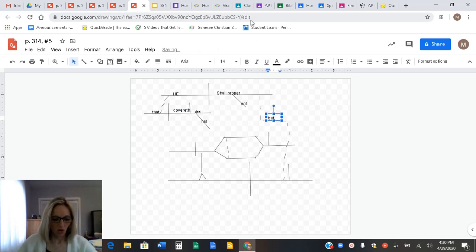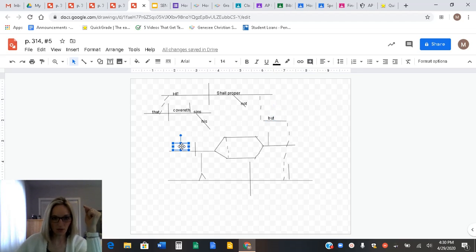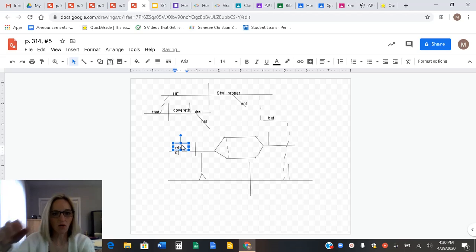But whoso confesseth and forsaketh them shall have mercy. Okay, so if we look at it, my whole dependent clause there, whoso confesseth and forsaketh them, that is my subject, that noun clause, all right? So remember, noun clauses go up on stilts. So that's why I have the stilts here.